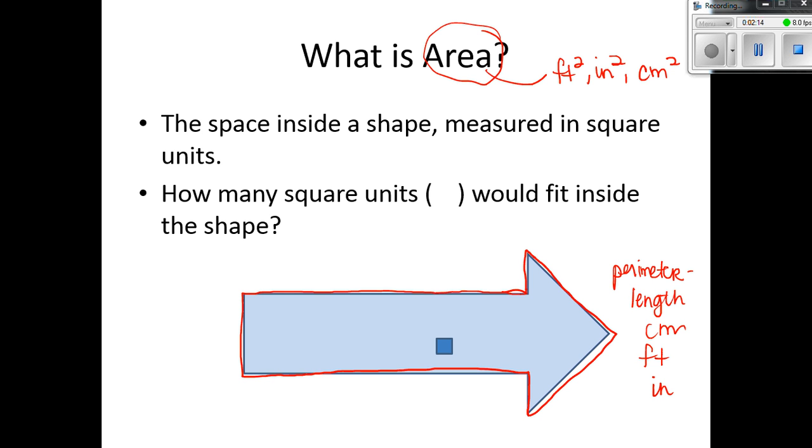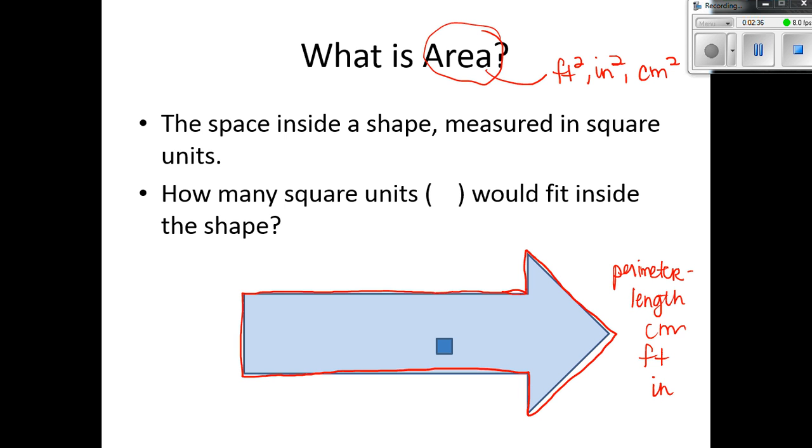If you're finding area, it needs to be squared units. If you're finding a length, then you want them to be just in whatever measurement that we're finding, so centimeters or feet. Okay, so make sure that you know the difference in those units.